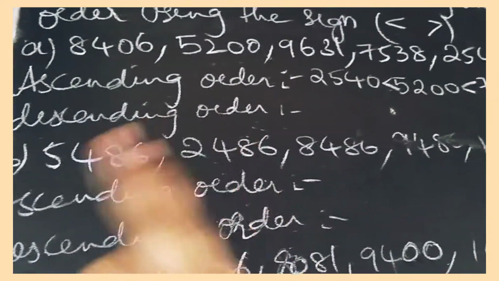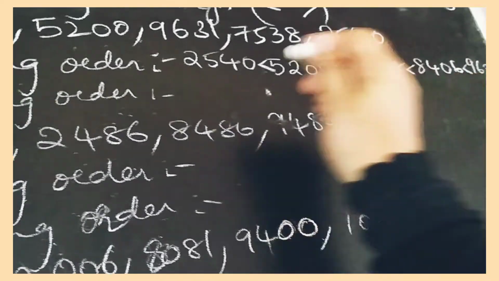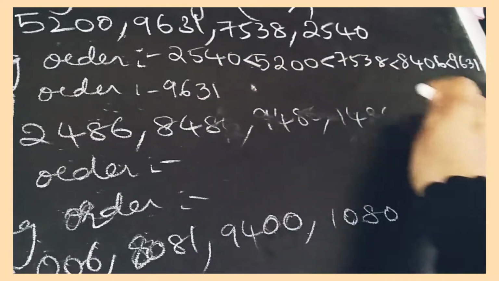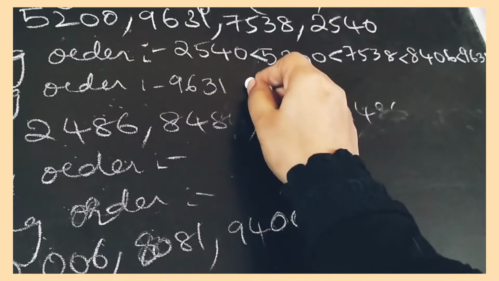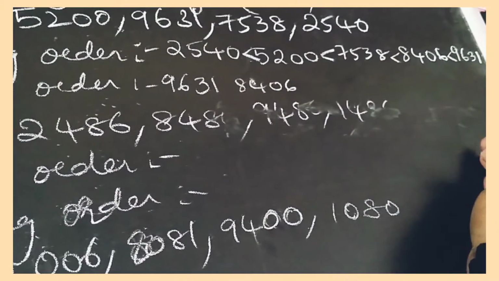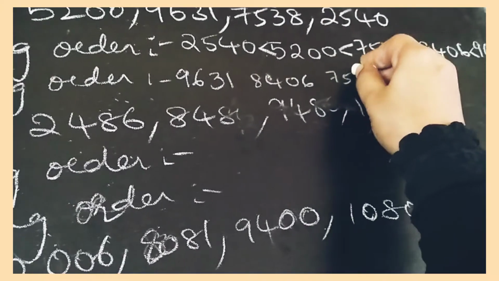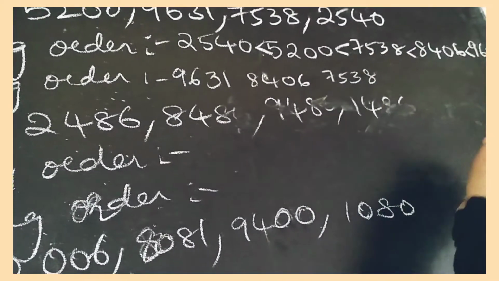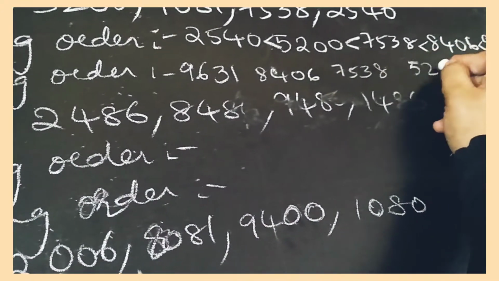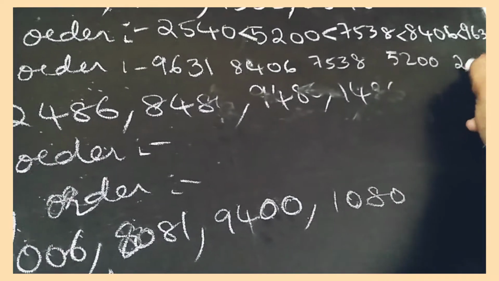Then descending order. Descending order means we start from the greater number first, big to small: 9631, then 8406, then 7538, then 5200, then 2540.